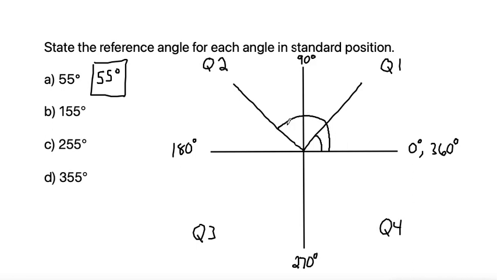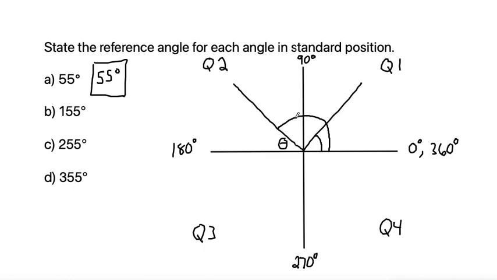This represents 155 degrees. But our reference angle is always from the terminal arm to the nearest x-axis, which in this case would be this angle right here that I just identified as theta.